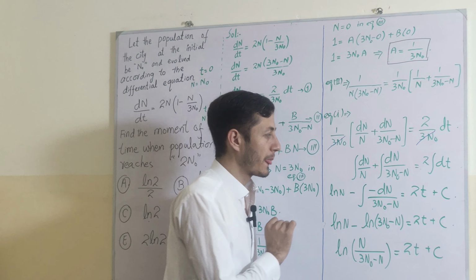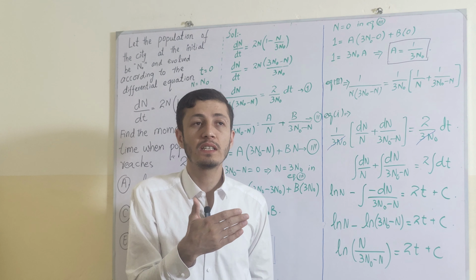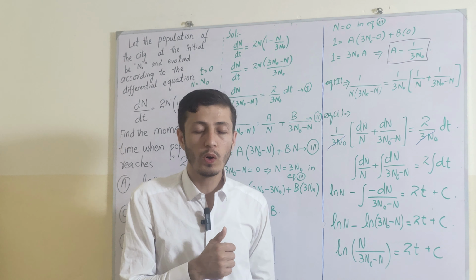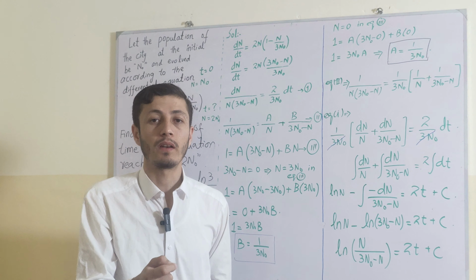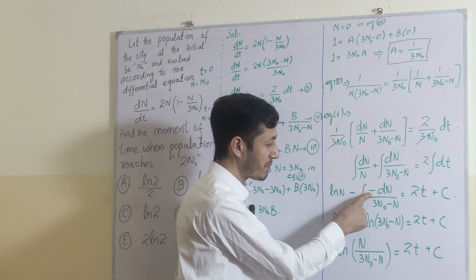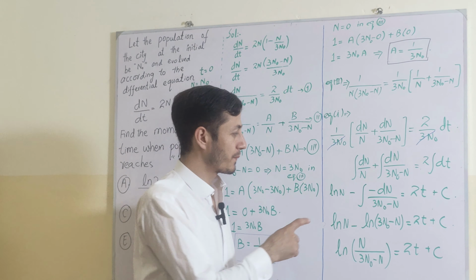And here in the denominator the function is present, but in the numerator the derivative of the function is not present. Now what do we have to do? So just by multiplying by minus we can get the derivative of the denominator. The denominator derivative here is minus 1. So by multiplying by minus 1, it becomes minus minus plus, so it remains as it is.